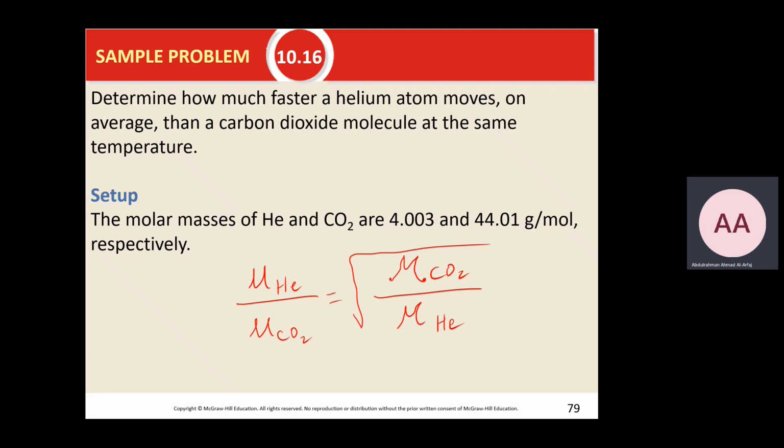The answer is I can use anything, because whatever unit I have here, if it's kilogram and kilogram, or gram and gram, or even AMU and AMU, they will cancel each other. And don't forget, this is equal to the square root of 44.01 divided by about 4, and this will give you the answer.